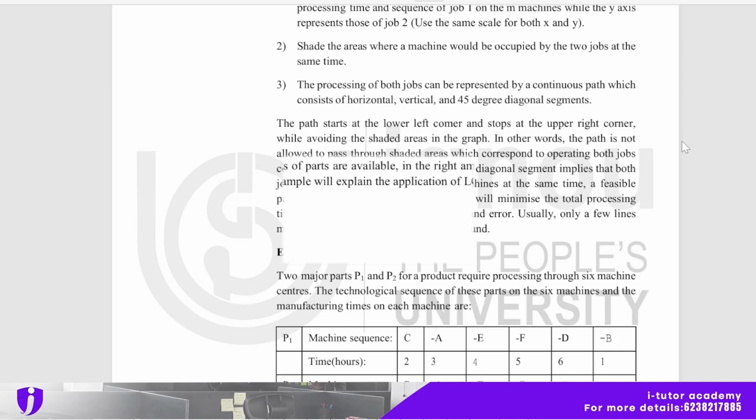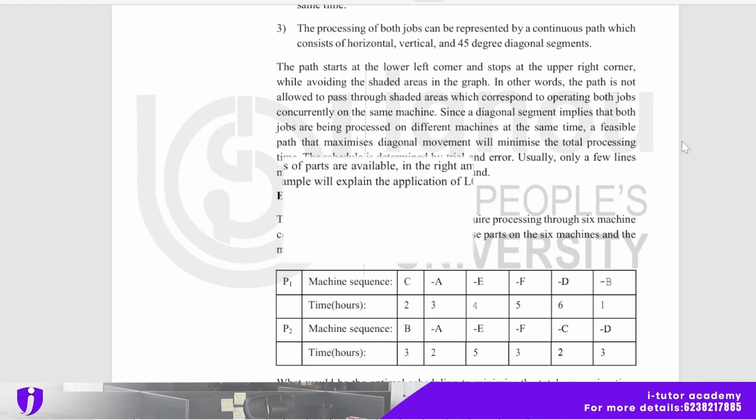The processing of both jobs can be represented by a continuous path which consists of horizontal, vertical and 45-degree diagonal segments. The path starts at the lower left corner and stops at the upper right corner, while avoiding the shaded area in the graph.